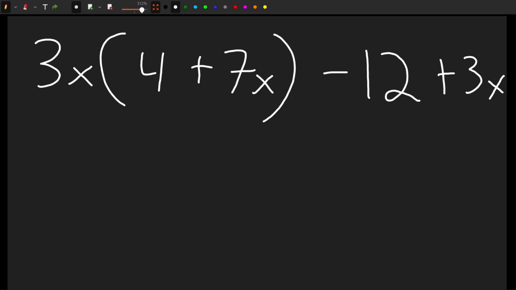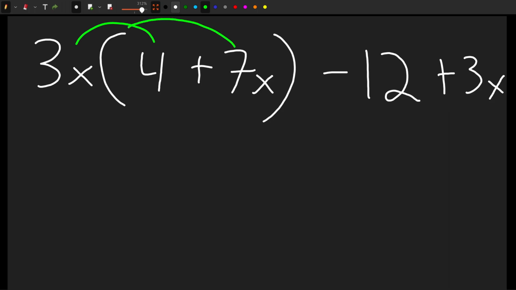So in this case, we'll use PEMDAS to solve our problems first. We have the brackets. We have 4 plus 7x, so we will need to take care of that. I can't subtract the 12 yet. I can't add the 3x yet. So I have to first distribute this 3x across.